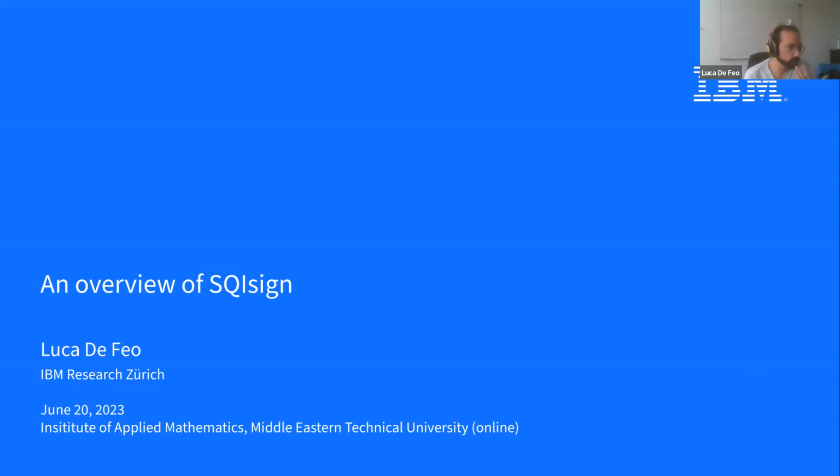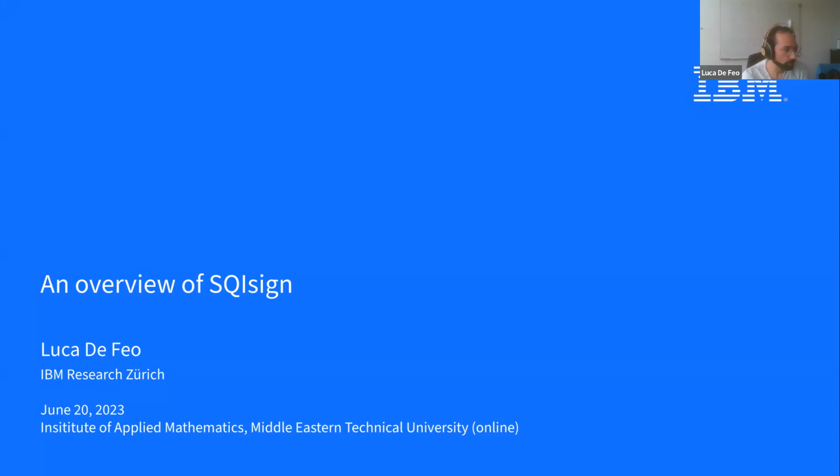So what I want to do today is give a very simple overview. Nothing is simple in SQIsign, but I hope to convince you that it is not so bad. It requires some studying and some entry into it, but it's not as scary as it may sound in the beginning.